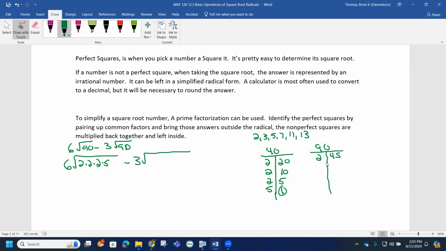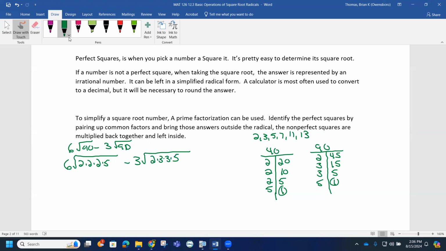Only even numbers are divisible by 2. But 3 does go into 45 15 times. Then 3 goes into 15 5 times, and 5 is prime, so 5 goes into 5 one time. So 2 times 3 times 3 times 5 represents 90. I'm going to rewrite 90 as that prime factorization.